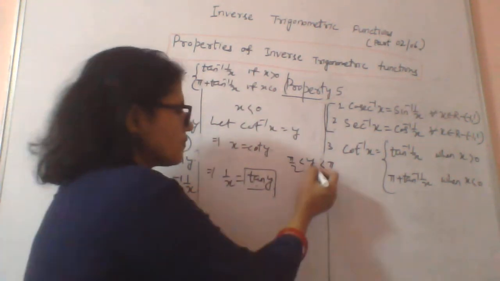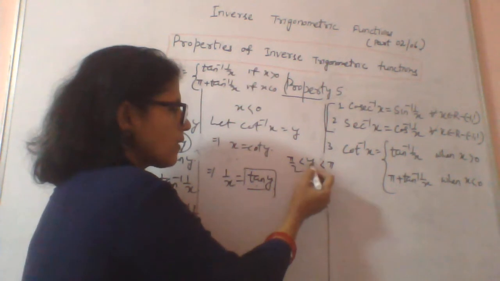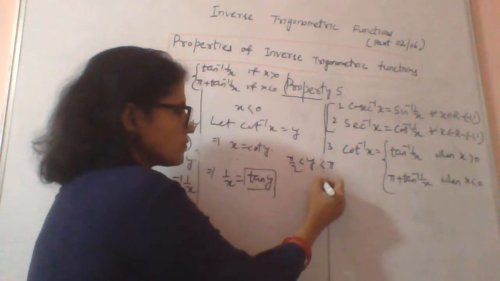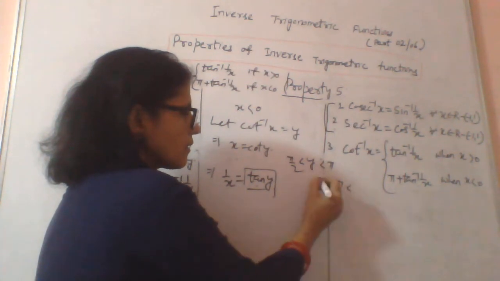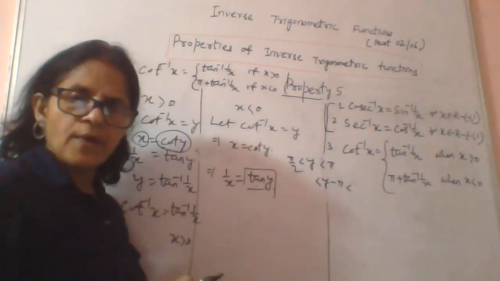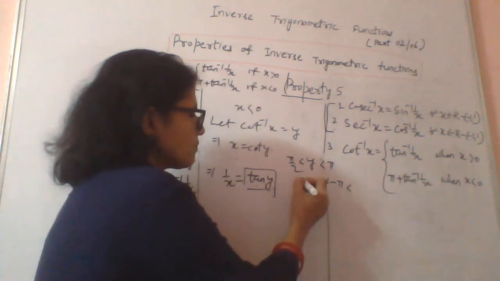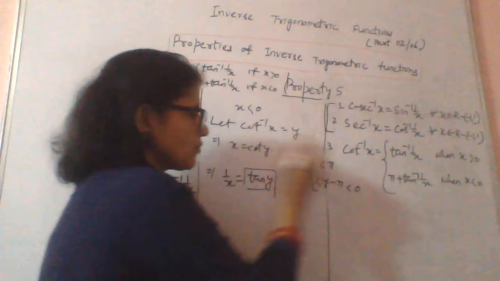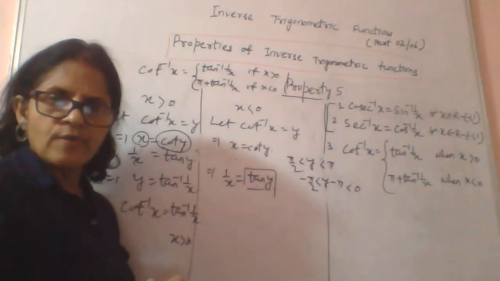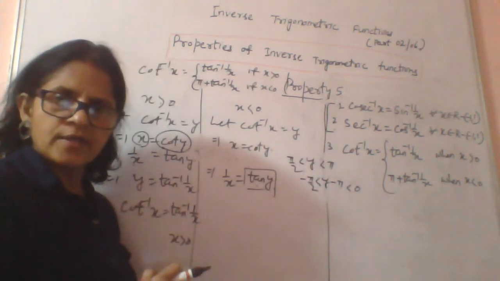Now here you see, we have pi by 2 less than y less than pi. If I write y minus pi, I am subtracting pi throughout, so it is minus pi by 2 less than y minus pi less than 0. So y minus pi is completely negative.